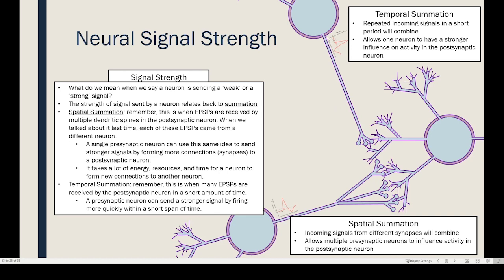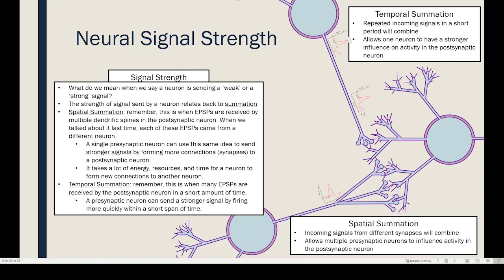Looking at this, this is a neuron that wants to send a strong signal, and it'll do that through temporal summation. And this is a neuron that wants to send a strong signal, and it'll do that through spatial summation. So this one basically has one connection to the postsynaptic neuron, and this one has several connections. Each one fires up here, so it's sending a signal that'll move down the axon.